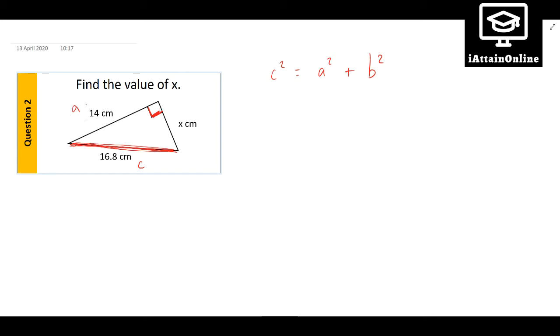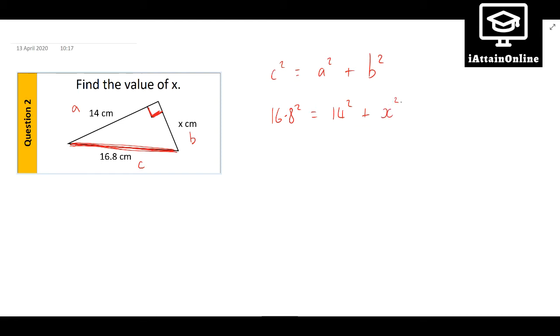So I'm just going to say the 14 is the a and the x is the b. Now when I substitute those values in, you want to be careful here. C squared, that's my hypotenuse, so that's 16.8 squared, is equal to a squared, well that's 14 squared, plus b squared, which we're going to use x instead, squared.